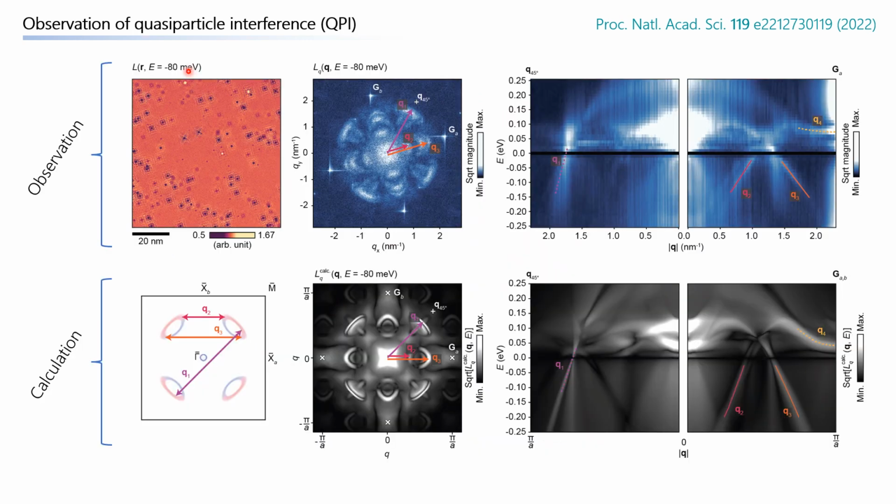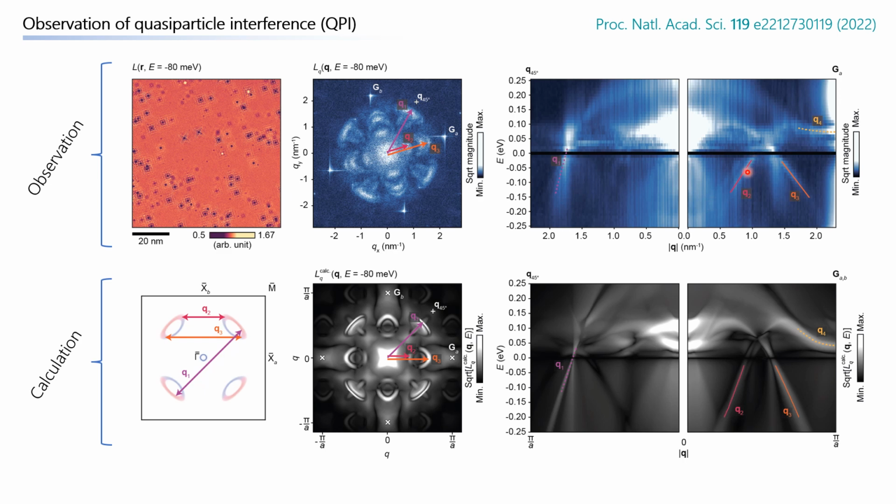We can examine what we call quasi-particle interference, which is resulting from scattering in the electronic structure. So again, we image the density of states, this time in a large field of view, and take its Fourier transform. And the signals in this Fourier transform represent scattering that is allowed in the band structure. And of course, the measurement is energy resolved, so we can also see the dispersion of these scattering events.